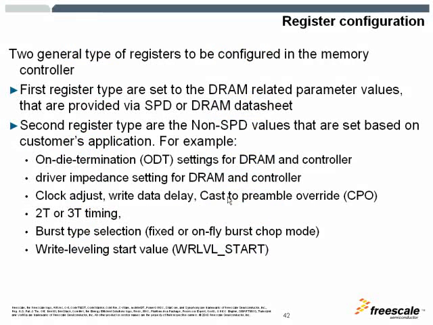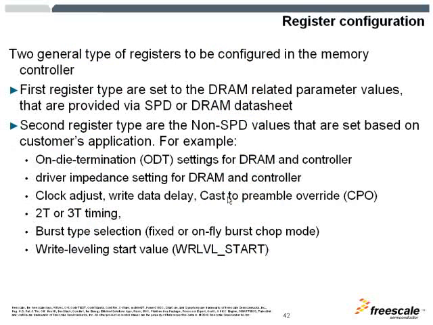There are two types of memory registers when you're trying to set your DDR configuration. I would divide it into the section that is provided by the SPD, which is predefined in the DRAM datasheet, and those values are just making sure that you follow the parameters as indicated in the DRAM datasheet.